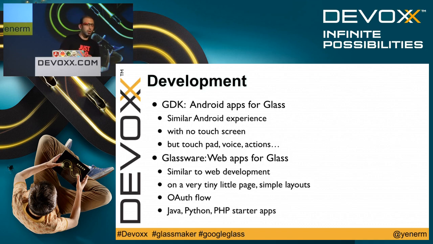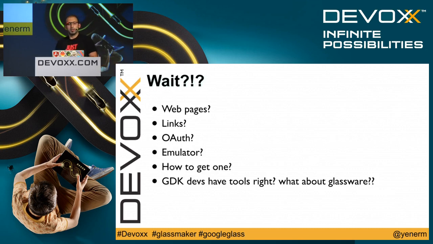You use a similar OAuth flow, and the Glass team provides Java, Python, and PHP starter apps. So these are basically simple web pages which work on links and use OAuth, but it doesn't have an emulator.